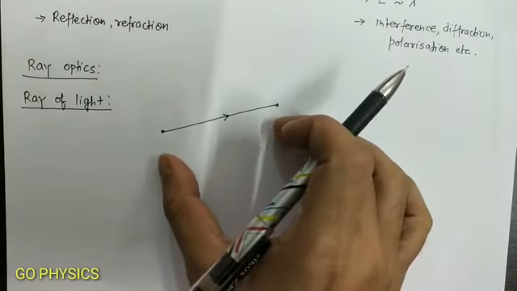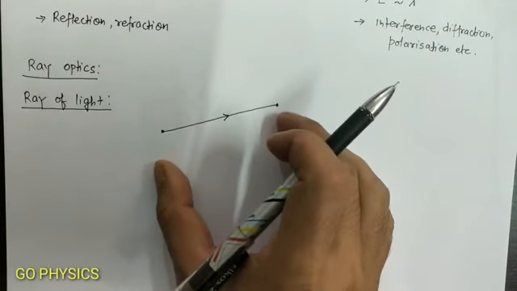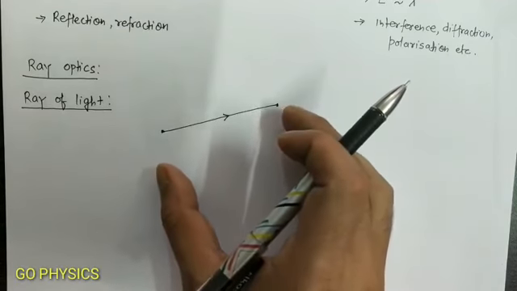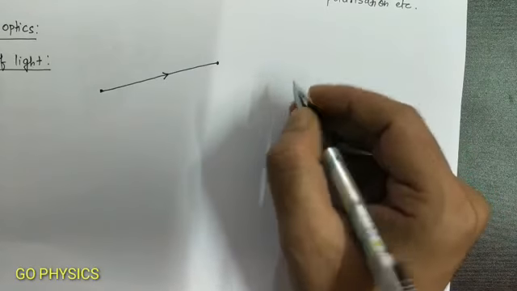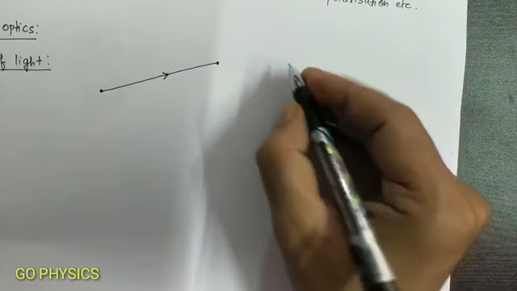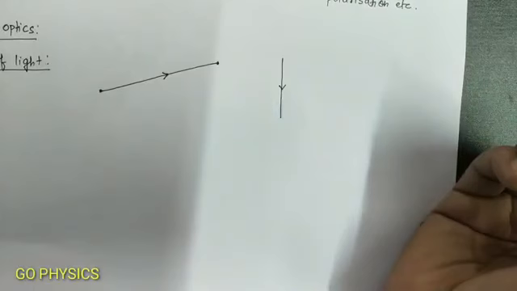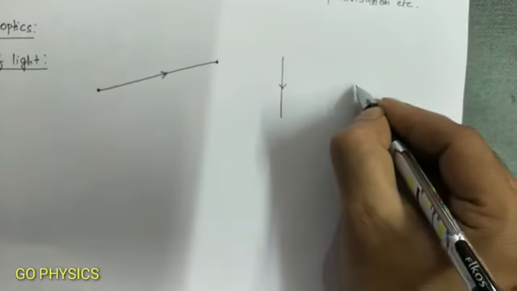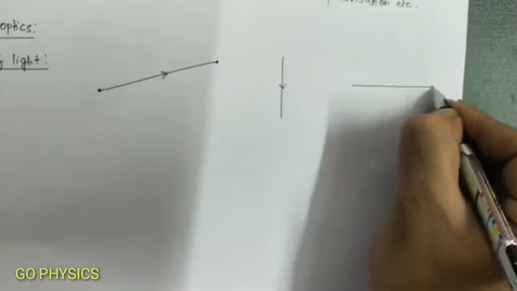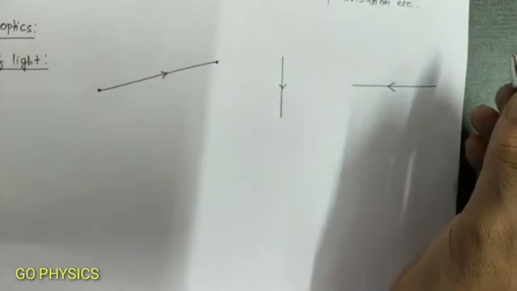It is only a theoretical concept. It helps us to understand rectilinear propagation of light. If light is coming, suppose from top to bottom, then we will show this as a ray of light. If light is coming, suppose from right to left, then we will draw a ray whose direction is from right to left.